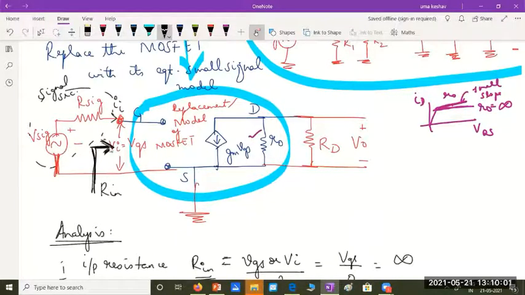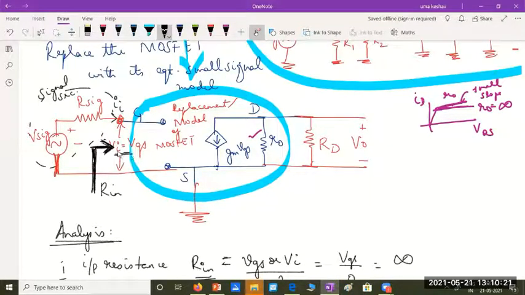So what is the resistance as seen by this signal source? The whole of the amplifier will offer some resistance. So we are looking into the amplifier from this side. Where I have pointed the arrow, we are looking into the amplifier from this side.